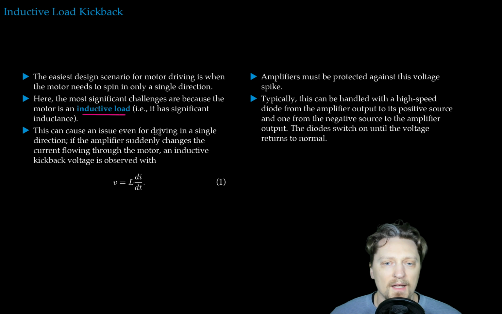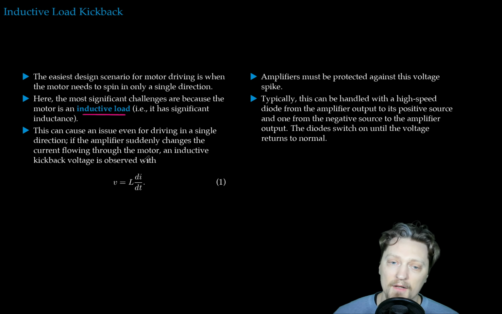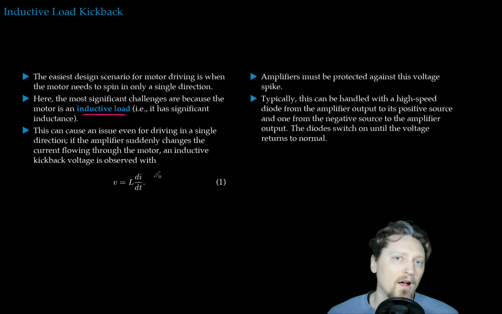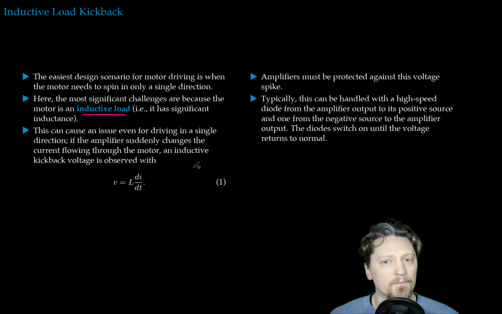If the amplifier suddenly changes the current flowing through the motor, an inductive kickback voltage is observed with this inductor elemental equation, which says that the voltage across the inductor is proportional to the time rate of change of the current through the inductor. So if the amplifier suddenly changes the current, say turning the current off or turning the current on suddenly, this term gets very large, the time rate of change gets very large, and therefore so does the voltage across that inductor.